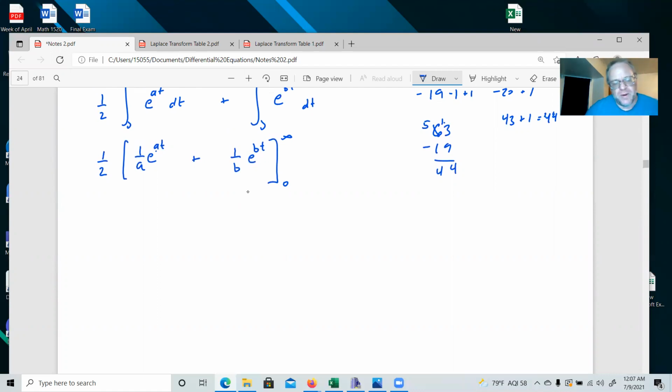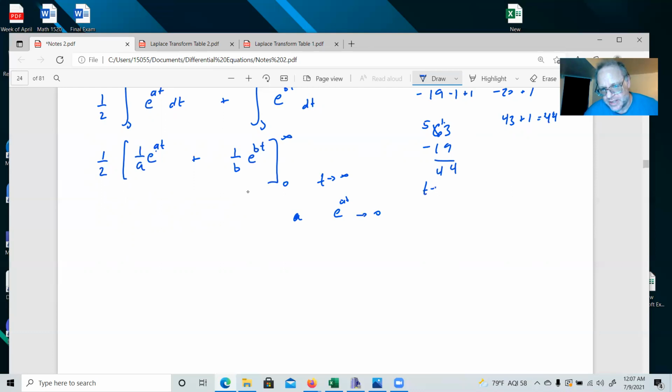One of the things we have to deal with is that these integrals have to exist. And the only way these are going to exist is if e to the at, as t goes to infinity, goes to 0.